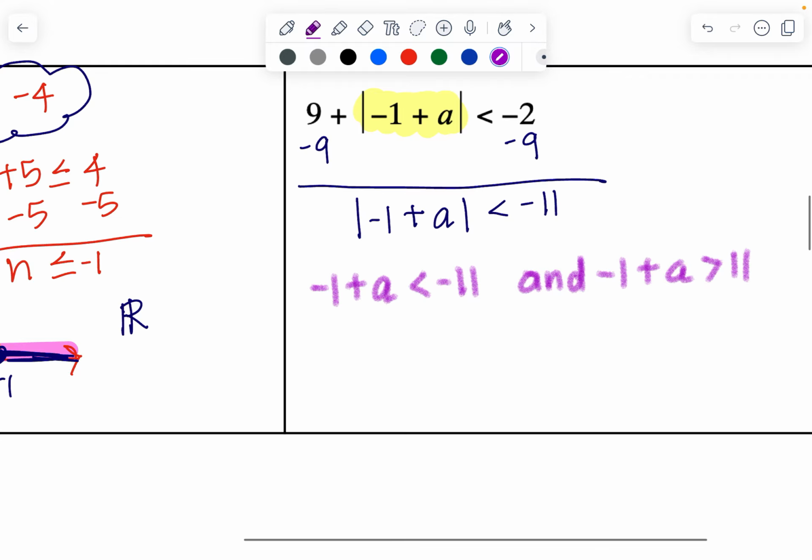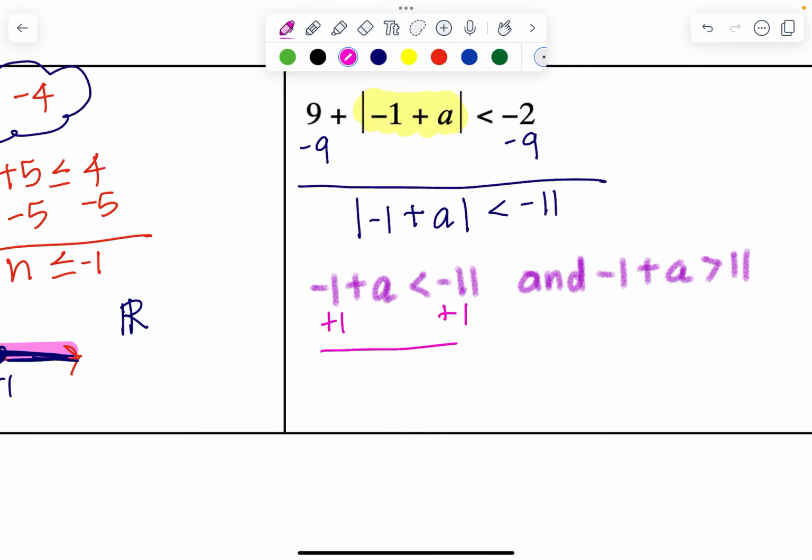So if I solve this one, adding 1, I would get a less than negative 10. Adding 1, I would get a greater than 12. But if we graph this, an and is supposed to be squished between two numbers.